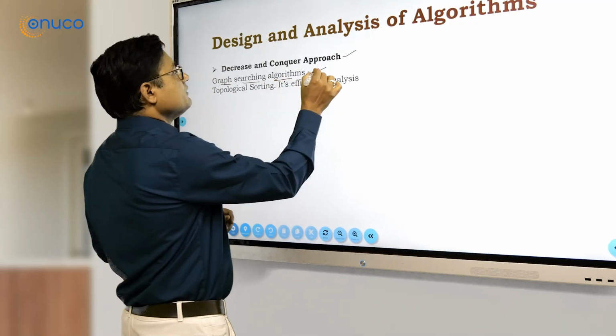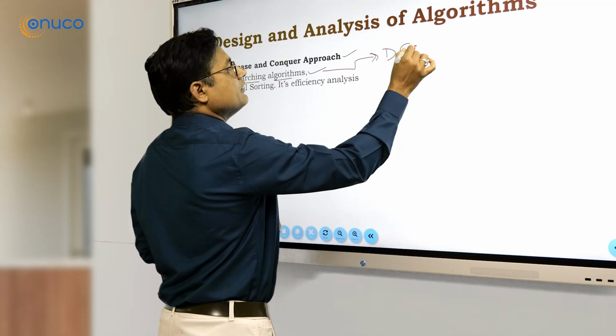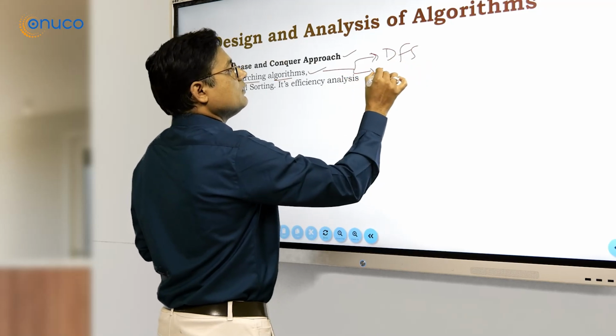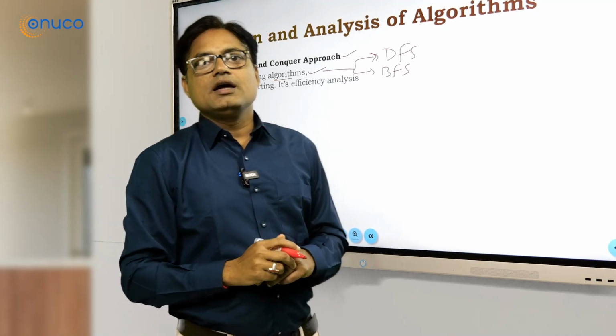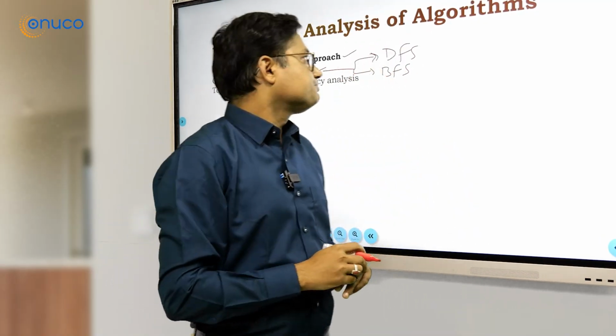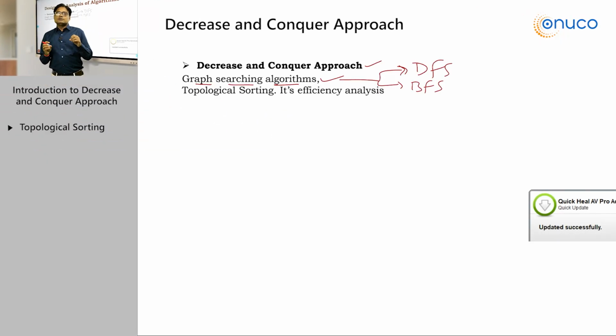Under this we are going to discuss two different algorithms. One is called DFS and the other is BFS, depth first search and breadth first search. Now remember that when we want to give a graph as input to a program, it is not possible to give the graph directly.